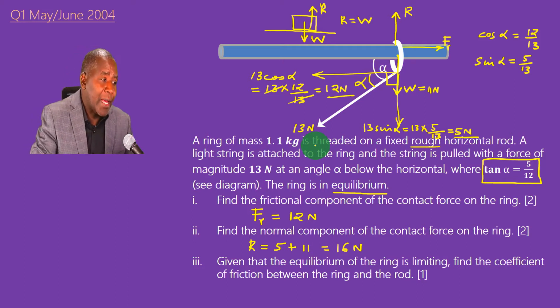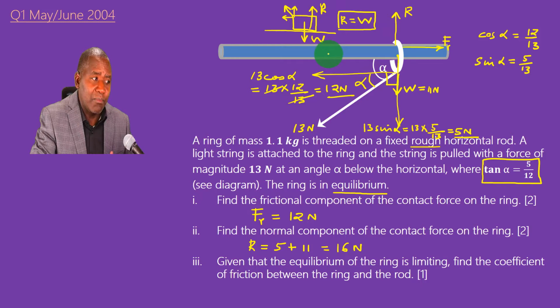If we apply a force, maybe at an angle on this object, this force will have a component this way and a component this way. You can see that now there are two forces tending to lift the object, while there is only one tending to pull it downwards. In this case, R will be W minus this component. So understand that it's not always the case that R equals W. Be careful about that.